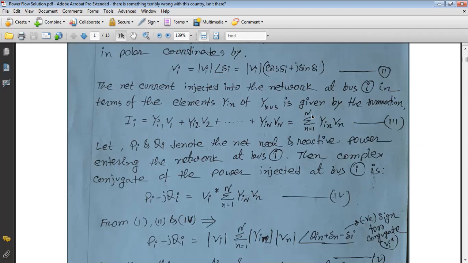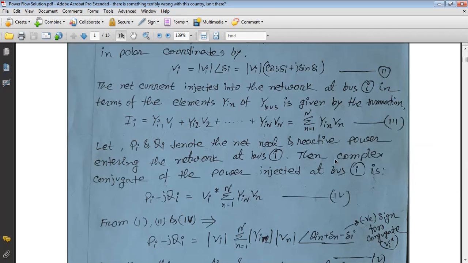So if a system contains 5 buses, then capital N is 5, so there should be 5 individual summation terms of the current equation, from 1 to 5. If capital N is equal to 10, it means that the particular power system has 10 buses, then the current equation should have 10 individual summation terms.